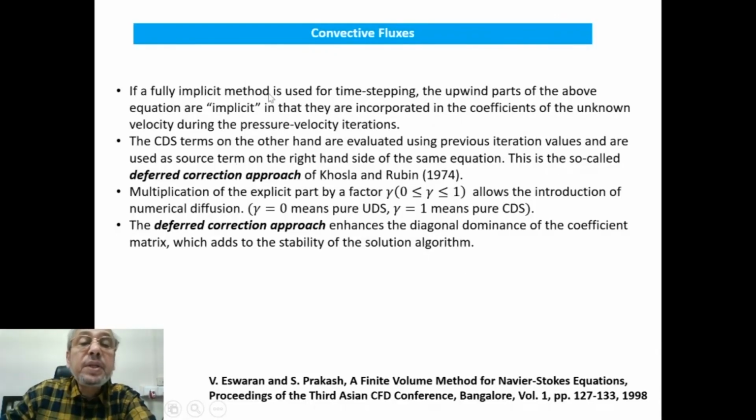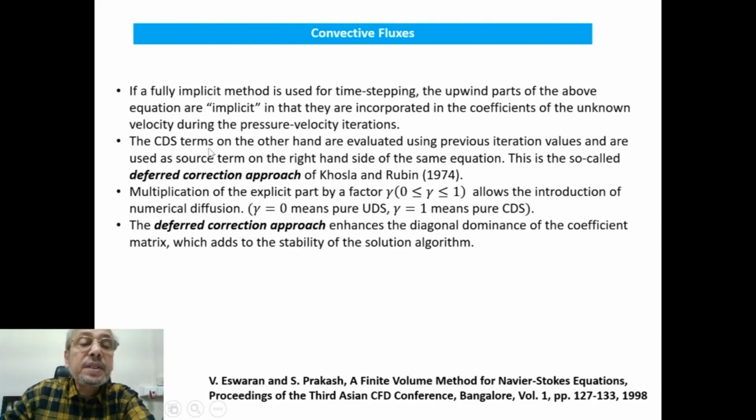If a fully implicit method is used for time stepping, the upwind parts of the above equation are implicit and they are incorporated in the coefficients of the unknown velocity during pressure velocity iteration. This I will explain again while doing the pressure velocity iterations.